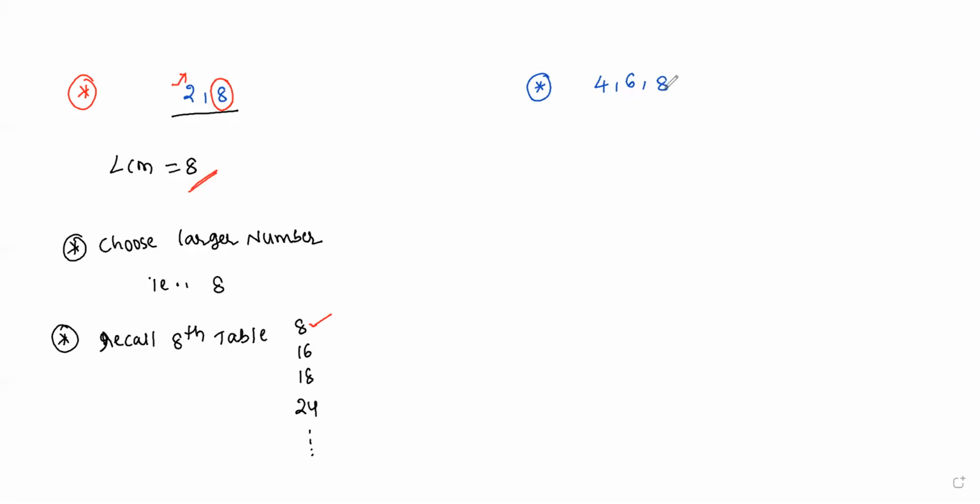Come to this example. Again I choose 8. So 8, 16, 24, and so on, I am taking like this. 8 is divisible by 4, but not divisible by 6. 16 is divisible by 4, not by 6. 18 is divisible by 6, not by 4. 24 is divisible by 6 and 4.